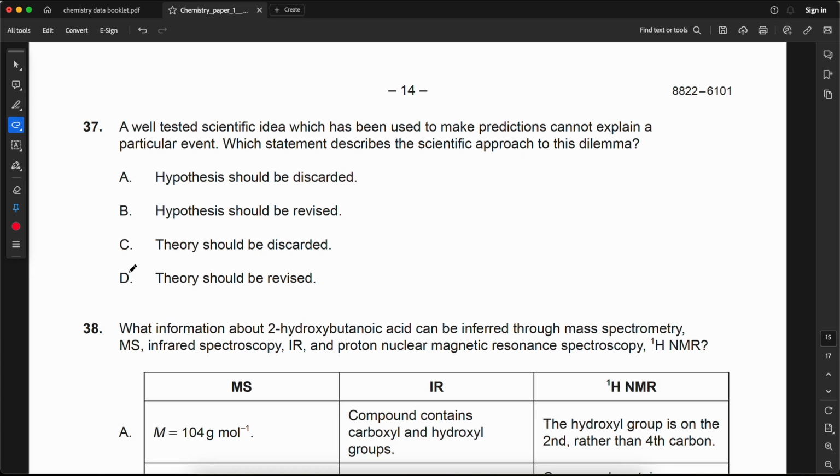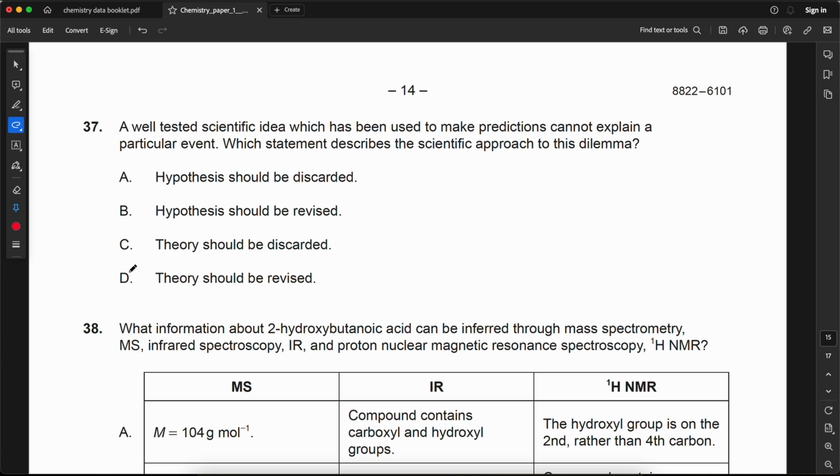A well-tested scientific idea which has been used to make predictions cannot explain a particular event. Which statement describes the scientific approach to this dilemma? When a well-tested theory fails to explain a particular event, the preferred course is to revise the theory rather than discard it entirely.